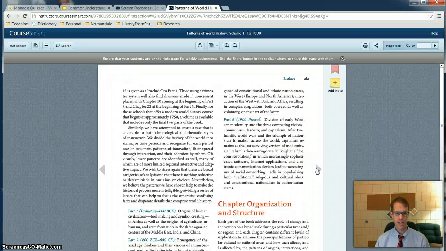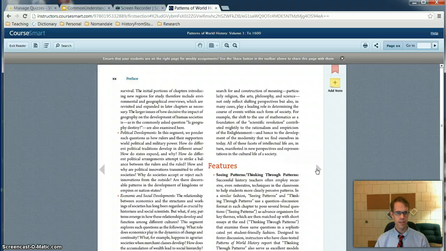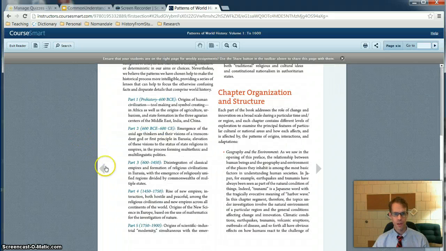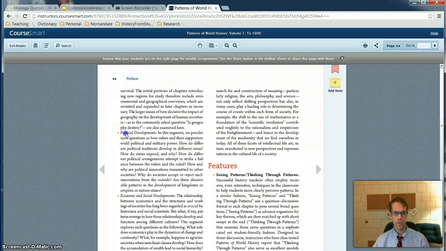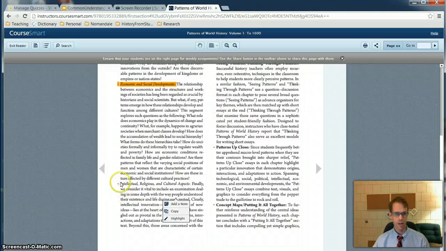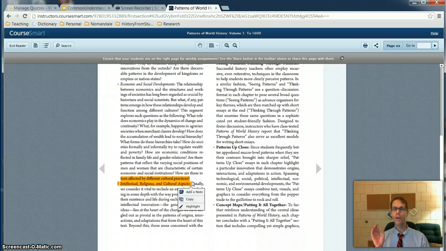I want you to pay particular attention to one section, on pages 19 and 20. They start out with geography and environment. That's the first section. Then political developments, second section, economic and social developments, followed by intellectual, religious, and cultural aspects. You know they're going to cover those three things every time.